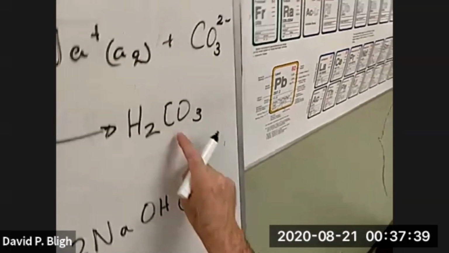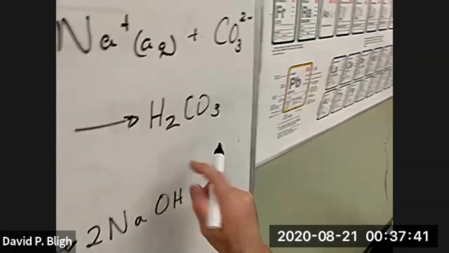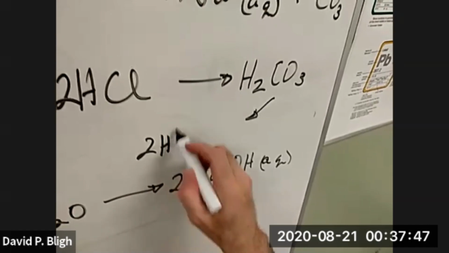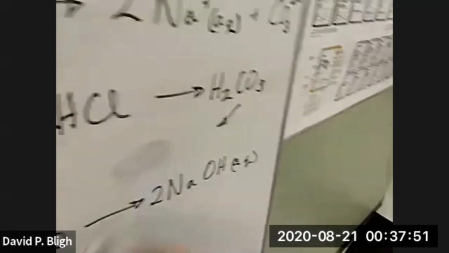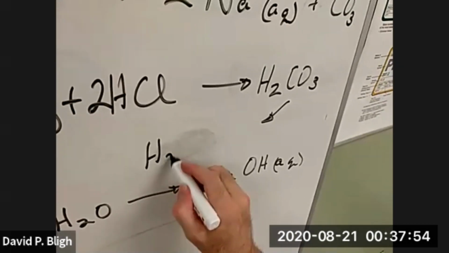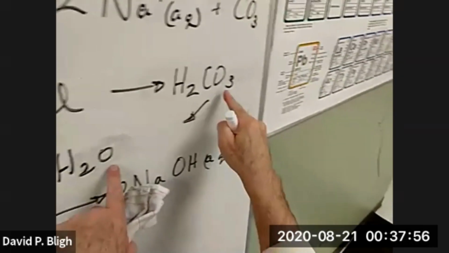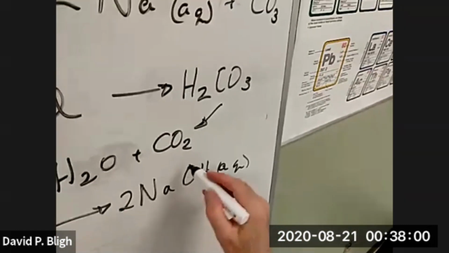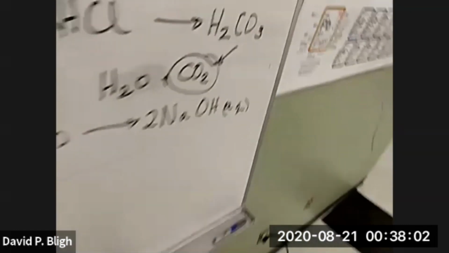But this is very unstable. It prefers to be water, excuse me. It prefers to be water, 2 hydrogens and one of those oxygens, and the other makes CO2. That's your gas, all right?